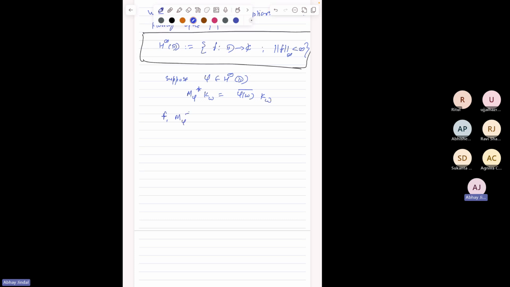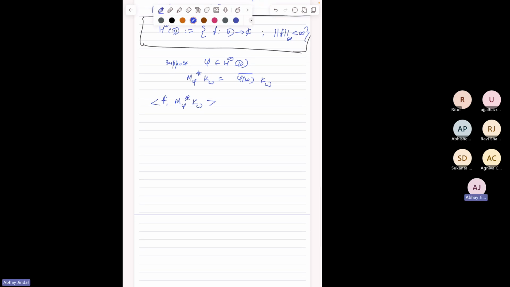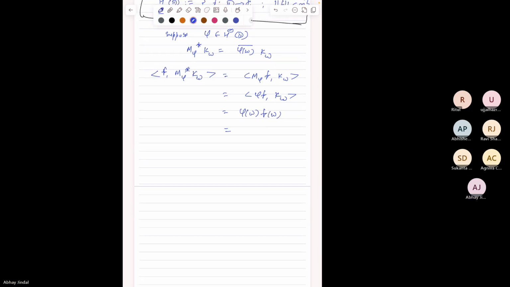f comma M_phi star k_w, this is M_phi f, k_w, this is phi f, k_w, this is phi(w) f(w), this is phi(w) times f, k_w, which is f comma phi(w) bar k_w.